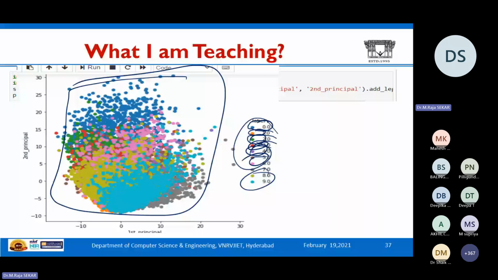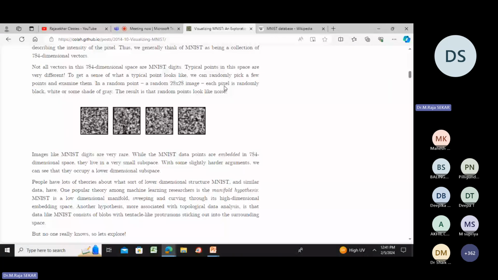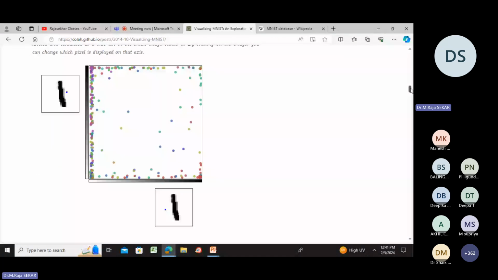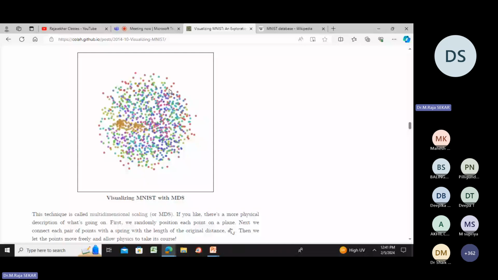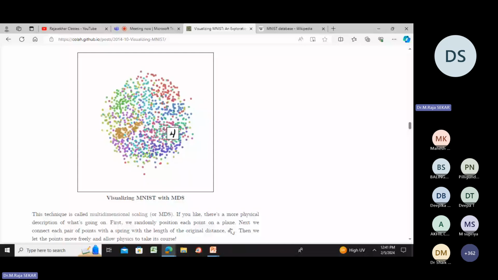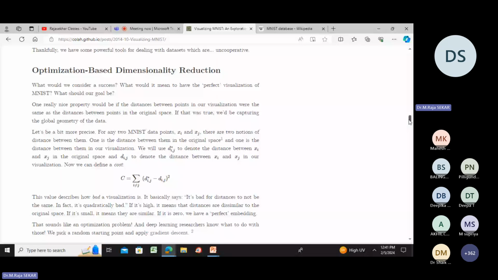Just go to that blog. Which blog? Christopher Olah. As I told you, I'm strictly following this particular blog. Just see, MNIST data sets. He says the same thing. Just play this one and see the colors. If I select, it will show the numbers. This is visualizing MNIST. Of course, there are different algorithms like MDS, Sammon's mapping.